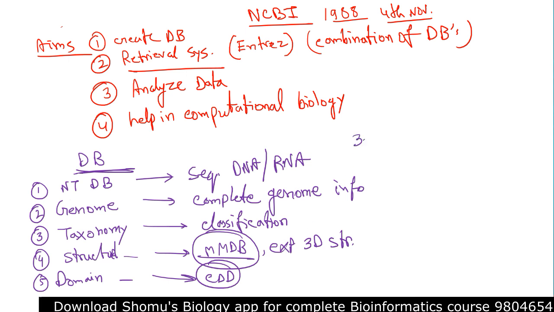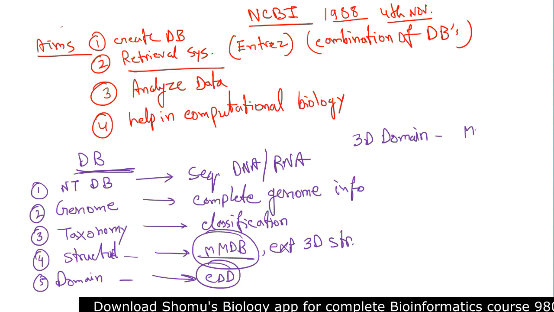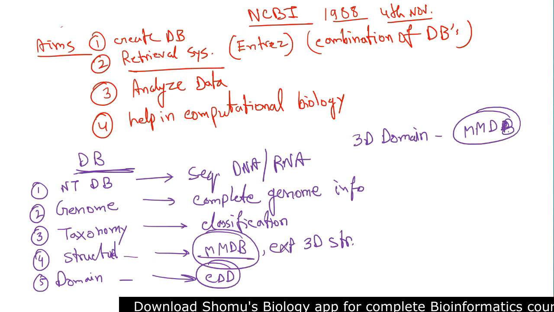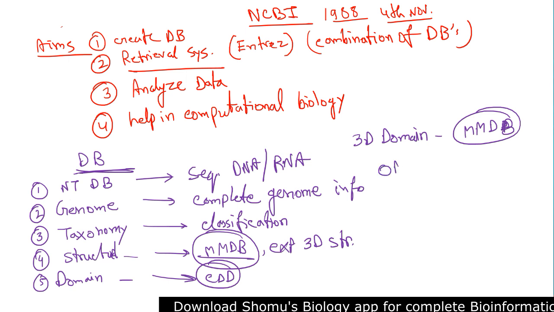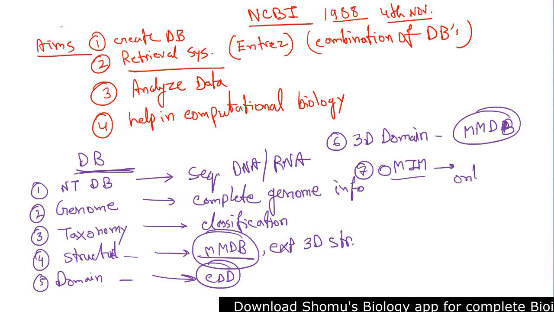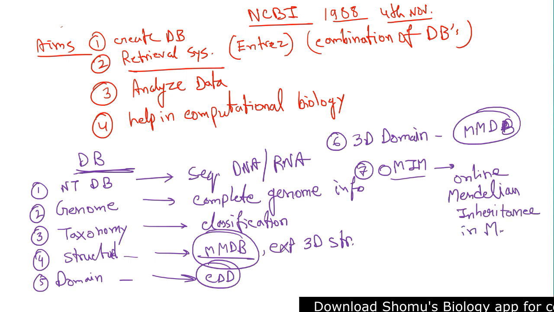There is also a 3D domain database available, the molecular modeling database, MMDB. And there is one more kind known as OMIM, Online Mendelian Inheritance in Man. That is the OMIM database.